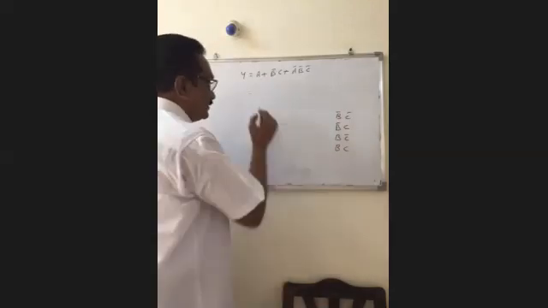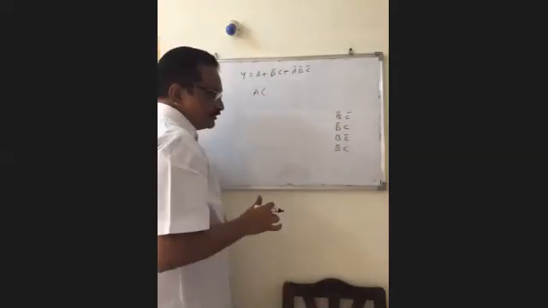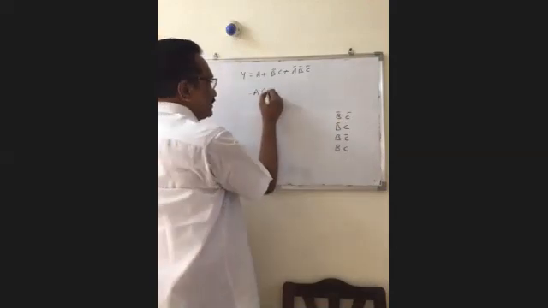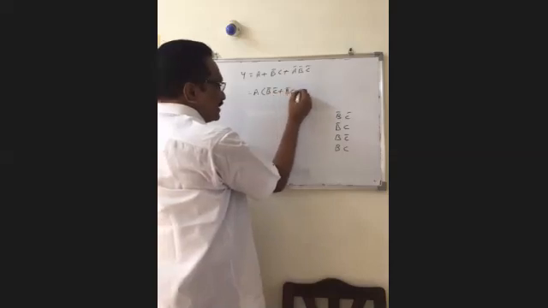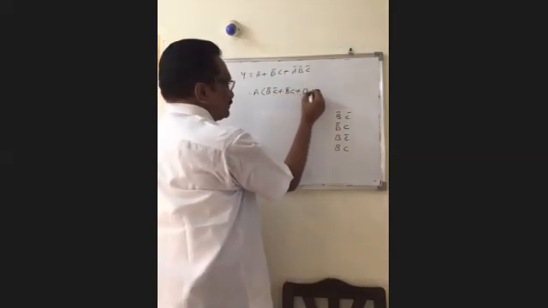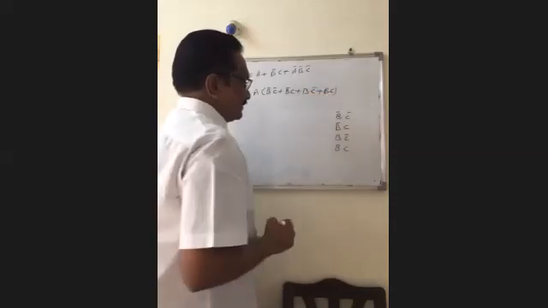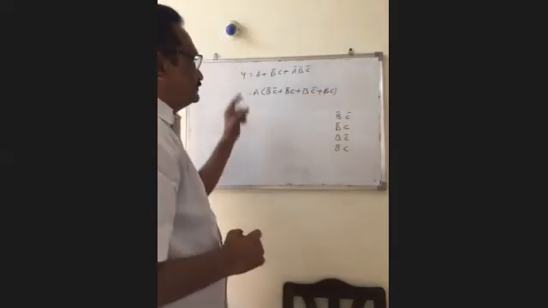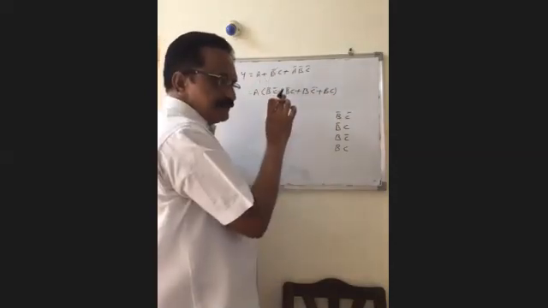So here, a multiplied by these four product terms: b bar c bar plus b bar c plus b c bar plus b c. In the next product term, only one variable is missing, that is a.